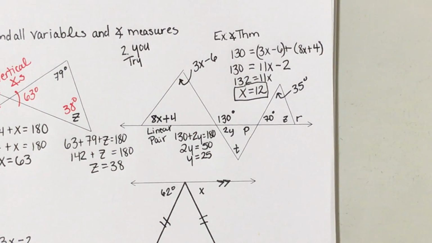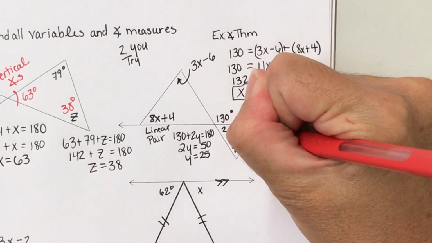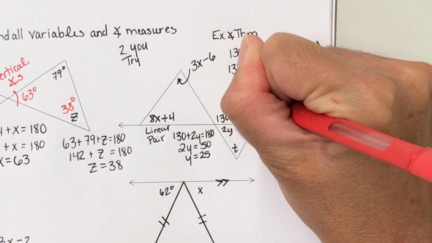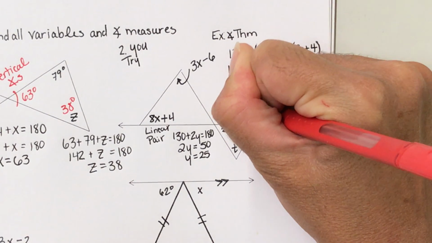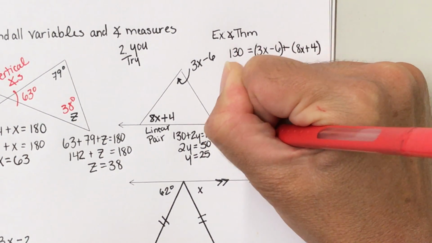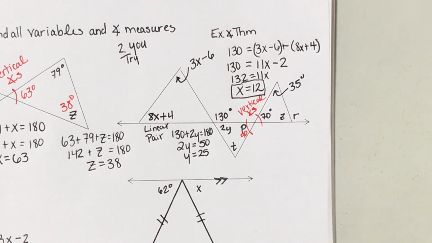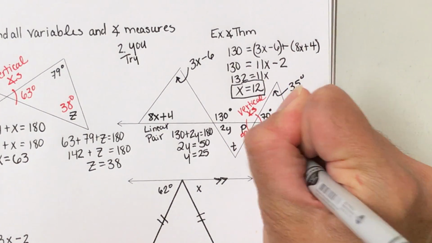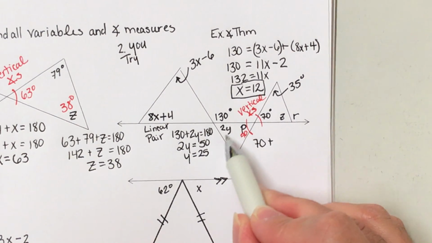Well, I know that p is going to be 70 degrees because I have vertical angles. So now I'm going to use the triangle sum theorem, which says that 70, we already said that this angle measure is 50 degrees.